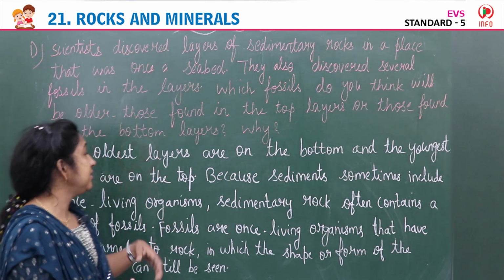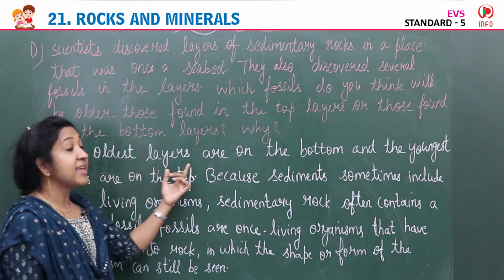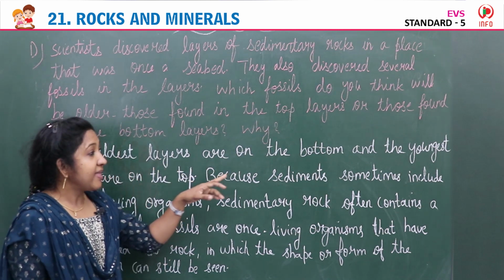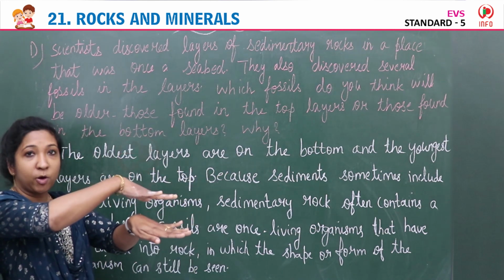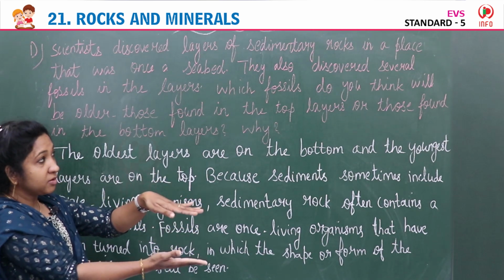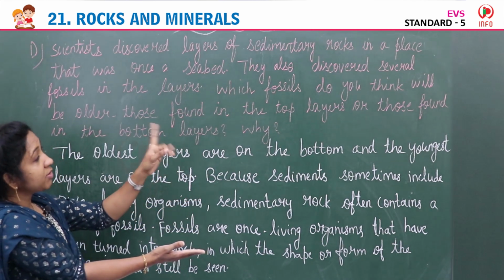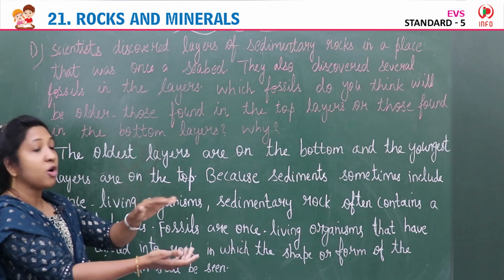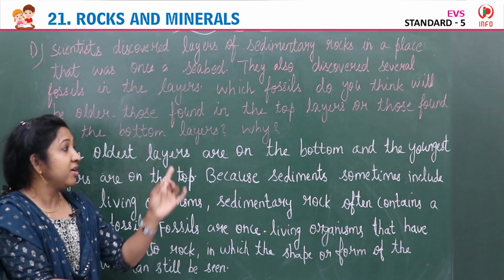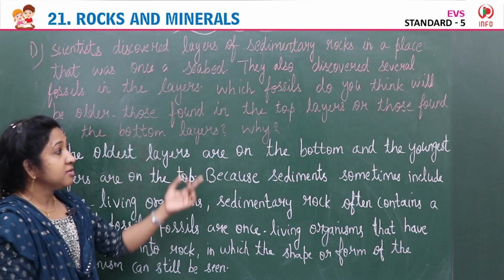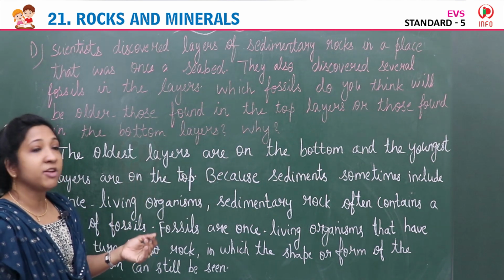Yes, so the answer is the oldest layers are on the bottom and the youngest layers are on the top. So older layers will be on the bottom. So in the first sentence itself we got the answer.